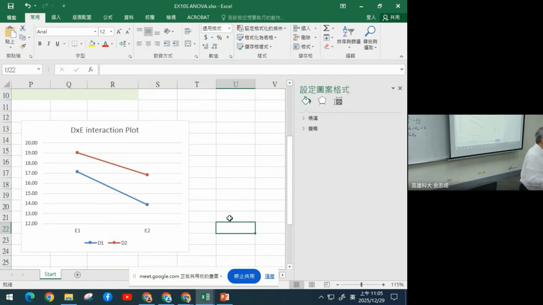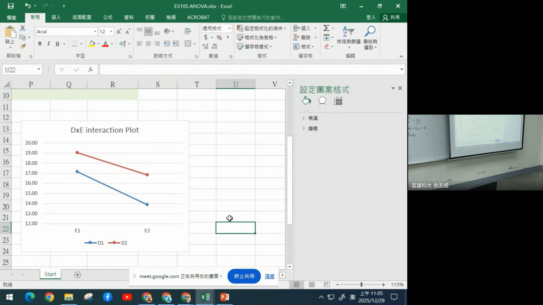Does DE has significant interaction or not? No. Why? How to determine whether DE has interaction or not? Okay, you can use Chinese.